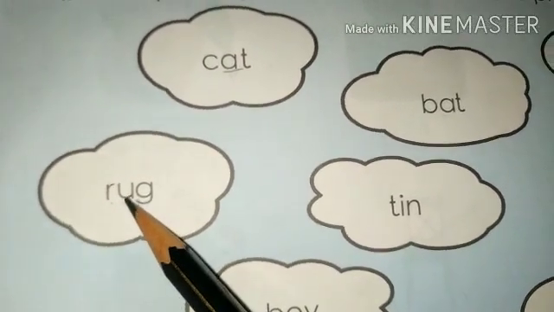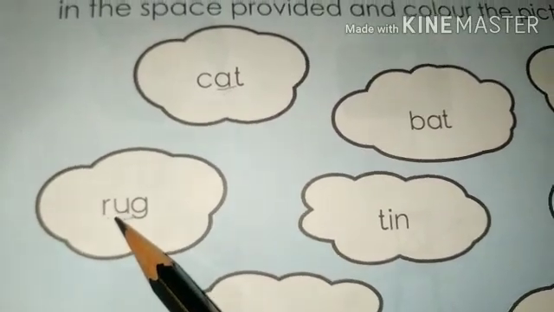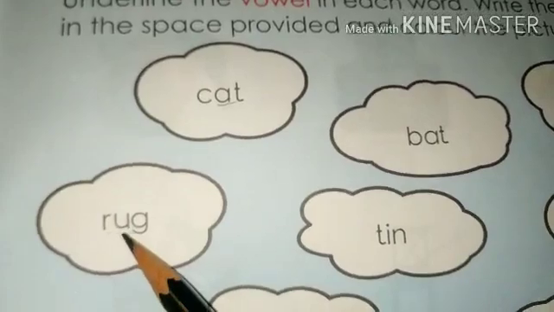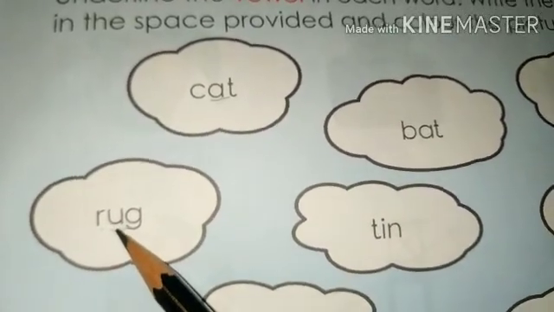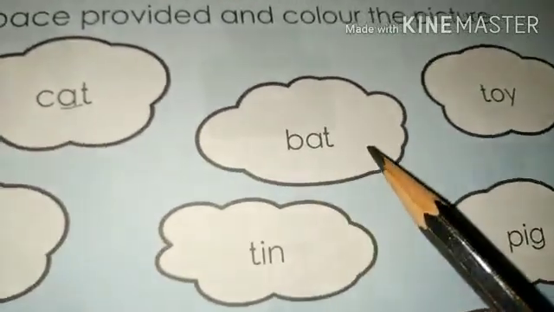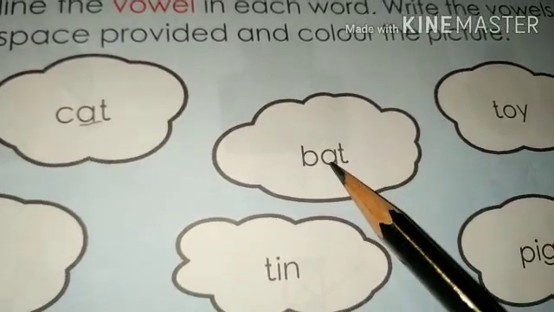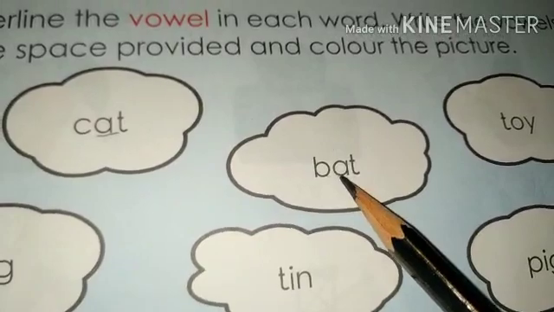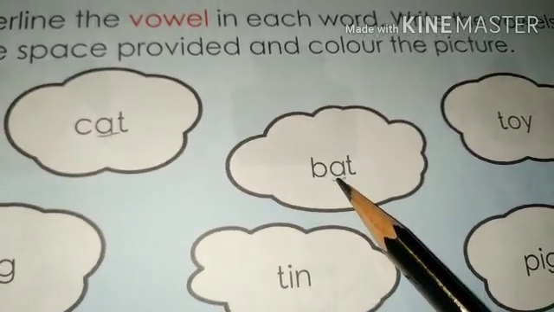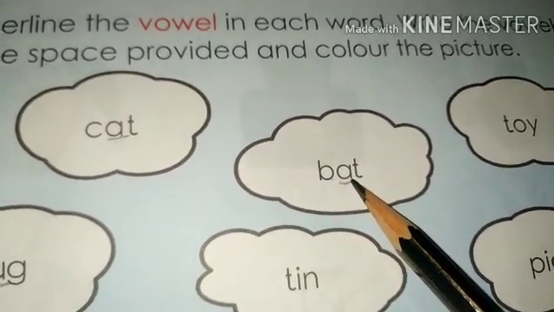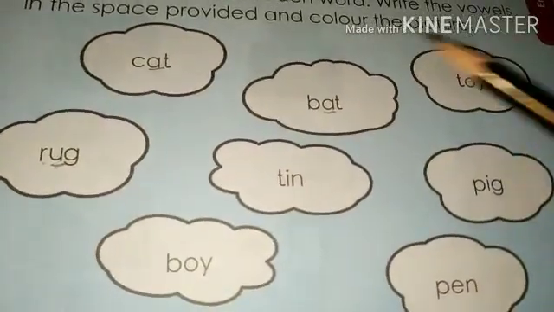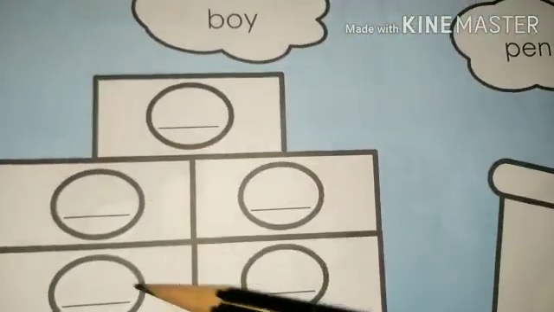Here U is a vowel, so here you underline the U. And your third word is bat, B-A-T, bat. So here A is a vowel, so underline the vowel A. So like this you will complete the remaining exercise, and here you write down the vowels.